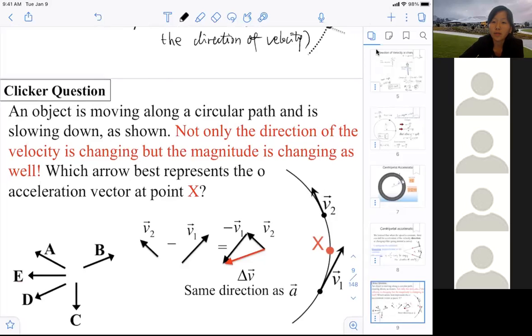So take a screenshot of this picture, and we can have a discussion in breakout rooms for a couple minutes. Whenever you're ready, you can accept the invitation for breakout rooms.